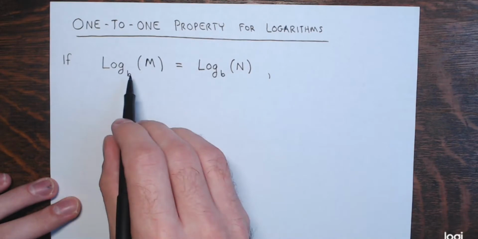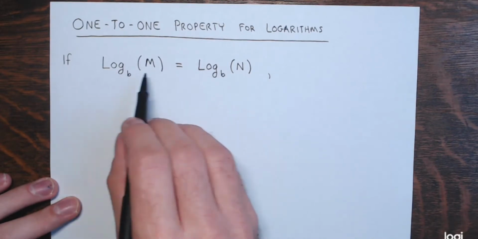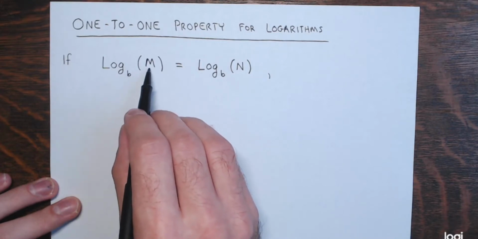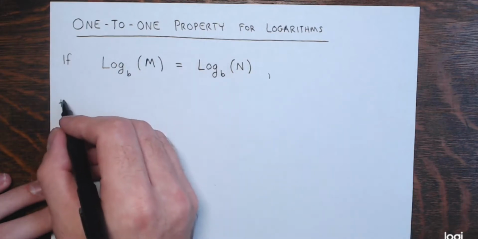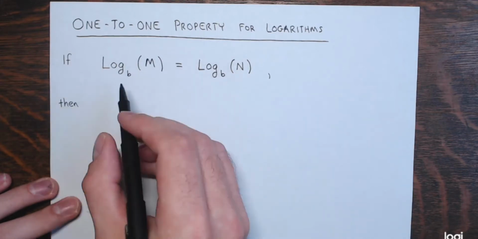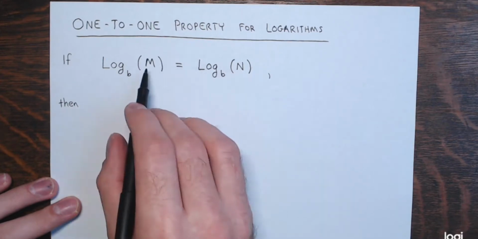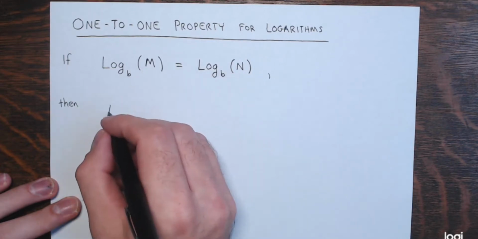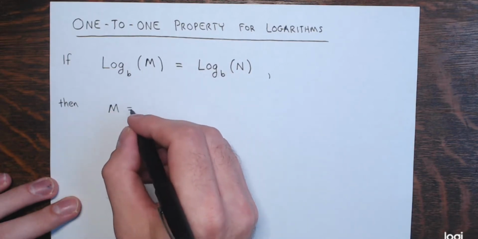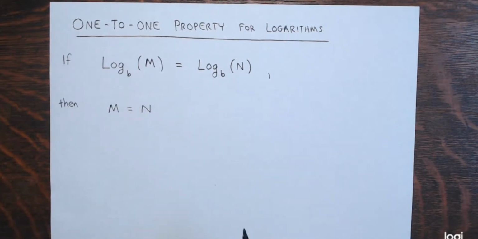The only way 2 logarithms of the same base are equivalent is if their arguments are equivalent, their inputs. So if we have the log base b of m equals the log base b of n, then m must be the same as n. And that's huge, right? And I'll put this in a little box here.